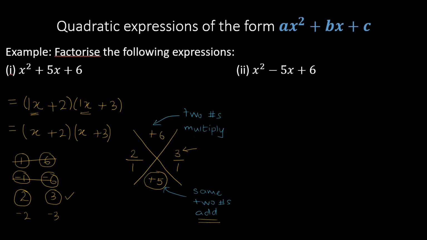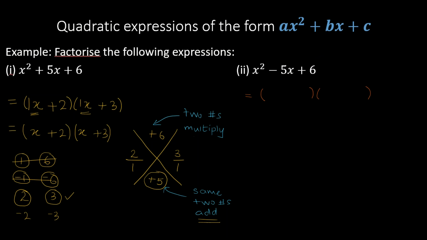Okay, right. So let us take a look at the second example. Here we have x squared minus 5x plus 6. Again, the quadratic has 3 terms, so when we factorize, we obtain 2 pairs of brackets.